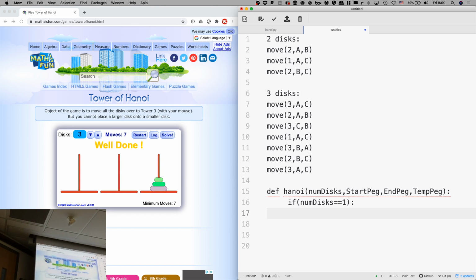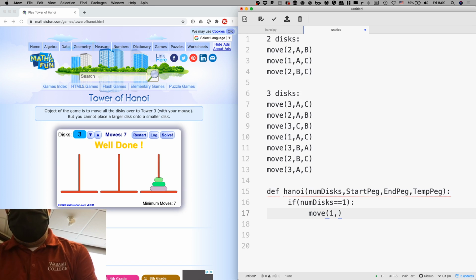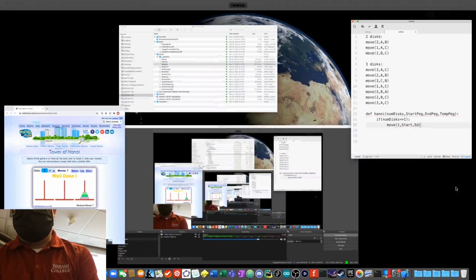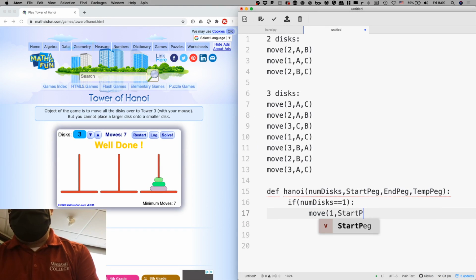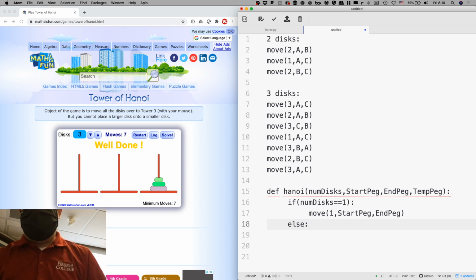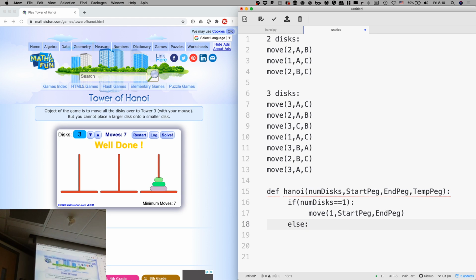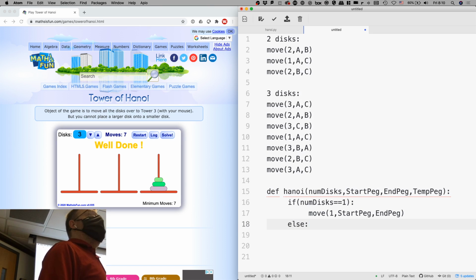Well, if we're moving a single disk, what's the disk number? 1, because for today, we chose to put 1 at the bottom, not at the top. And so right here, all I have to say is move 1 from start to end, start peg to end peg. And the other thing is that the move instruction doesn't actually need to know what the temporary peg is because it doesn't use it. It's only in the recursion that we need this temporary thing.